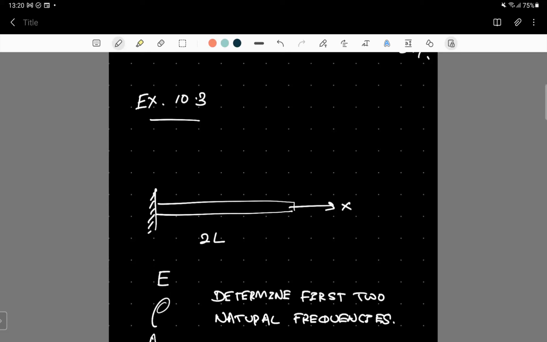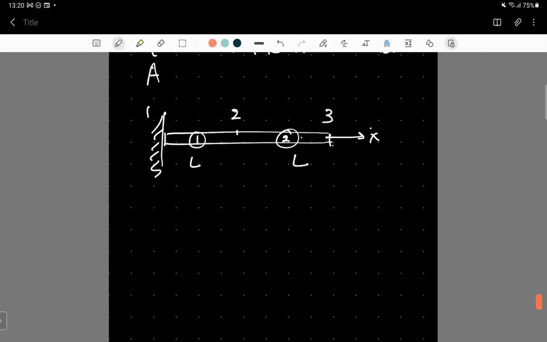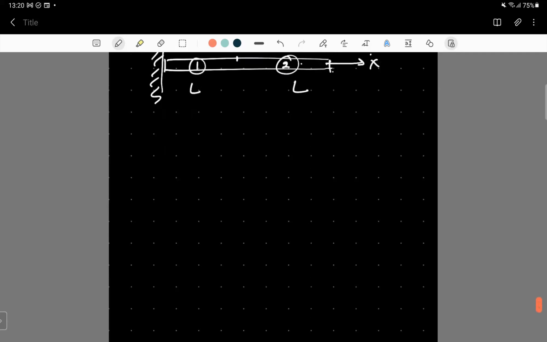So for simplicity, let's use the lump mass matrix to perform the calculation. And the first step is to write down the stiffness matrix for each element. We have two elements. Let's write down the stiffness matrix for each element.